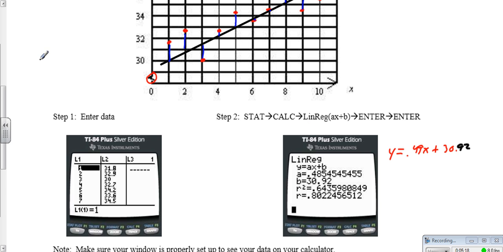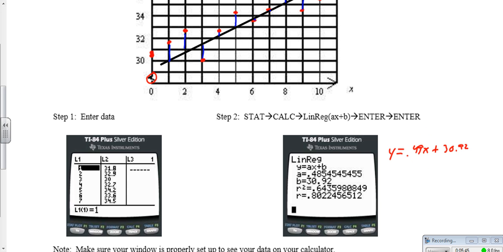That's the y-intercept. Now our graph jumps down here, but it's pretty close. 30.92 actually would put the line right about there. So the line that I chose is not the right line. This one gives you a better result.